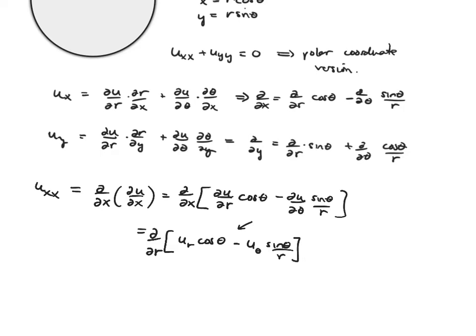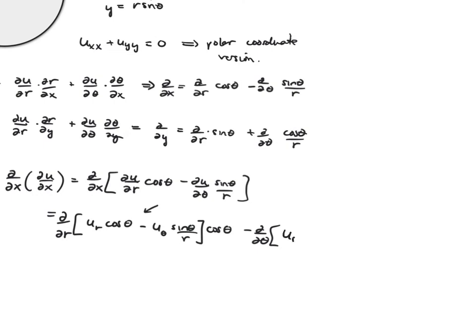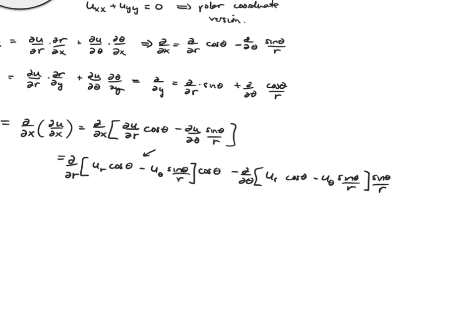And that term gets multiplied by cos theta. So I've applied the first part. And then I have minus the derivative with respect to theta of that same expression, u_r cos theta minus u sub theta sine theta over r. And that gets multiplied by sine theta over r. All right, so there it is, nested twice.